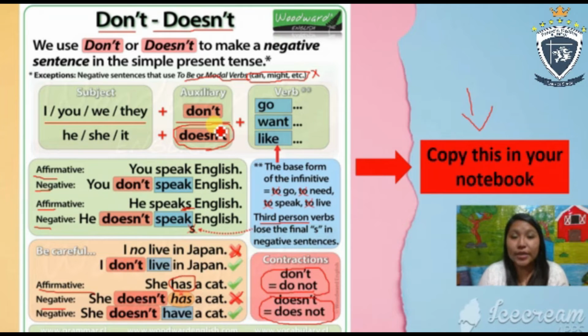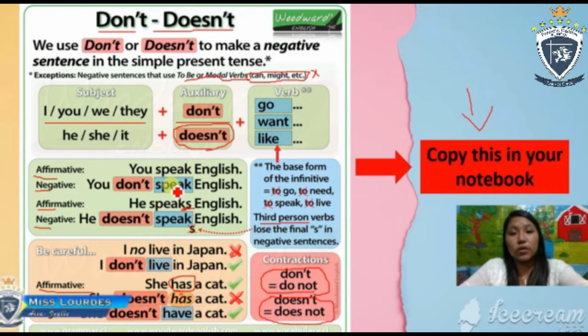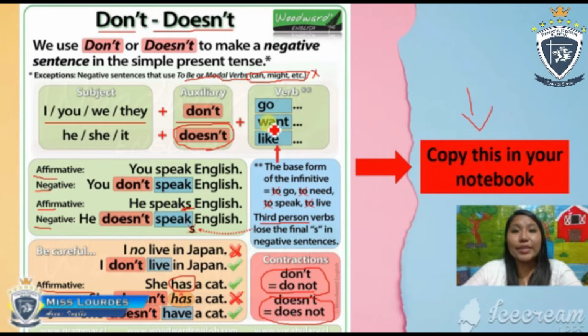No, ¿ok? In this case, no. En la forma negativa, ya no le agrego nada. Si trabajo con he, she, it, ya no se le agrega una S. We can't add an S or an ES, ¿ok? You write the verb in the normal form. Escribes el verbo en su forma normal, ¿ya? Ok. Let's look at some examples, ¿ok?